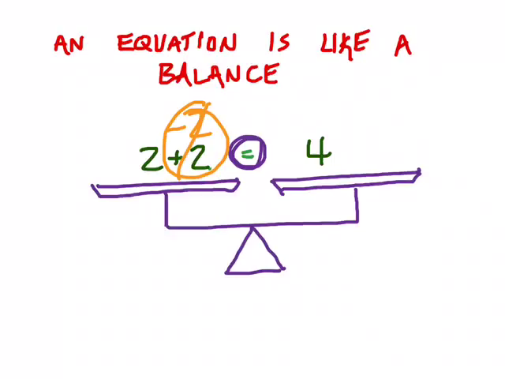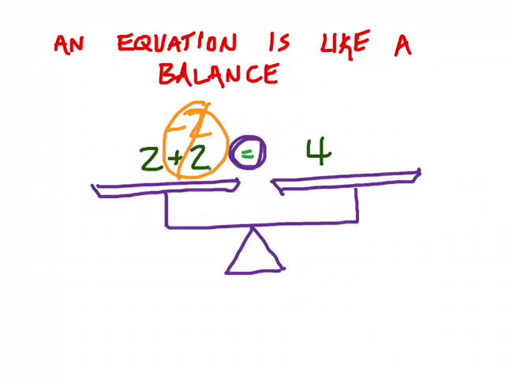Now what you might notice is that this equation no longer is in balance. It's not a true statement anymore. If I have 2 over here, it is not equal to 4 over here. I've messed up the balance of the equation. And as it turns out, the only way to prevent that from happening is by always doing the same thing to both sides of an equation.